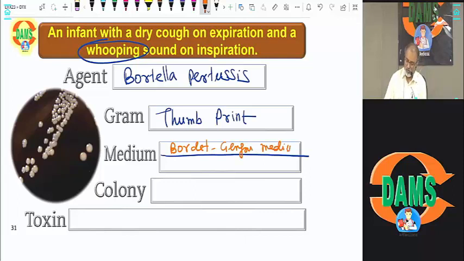Bordet Gengou potato glycerol medium, or simple Bordet Gengou medium. Another one is Regan Lowe medium.